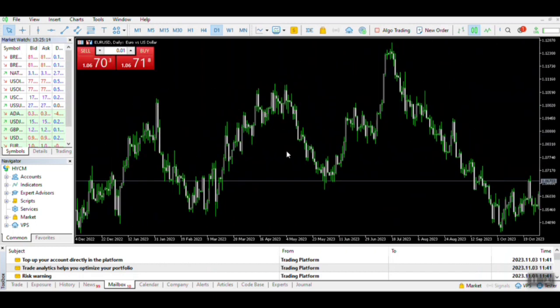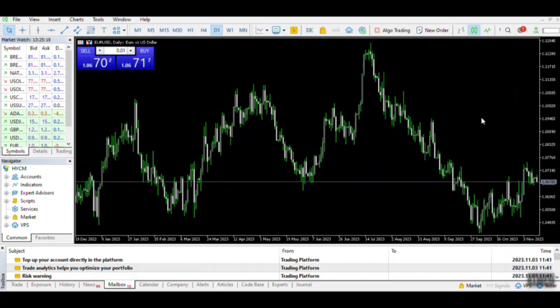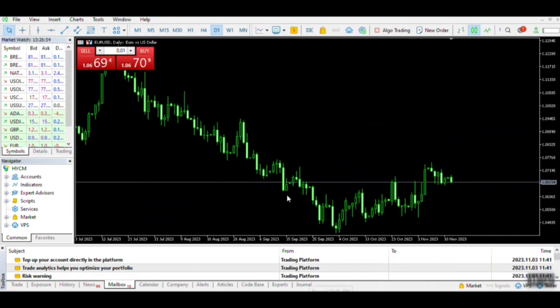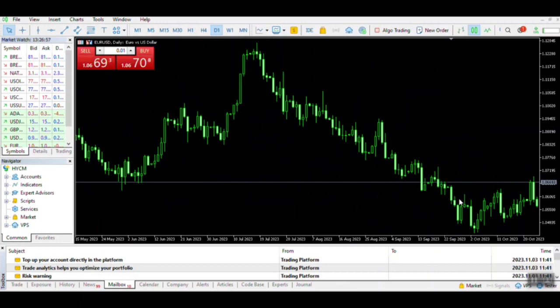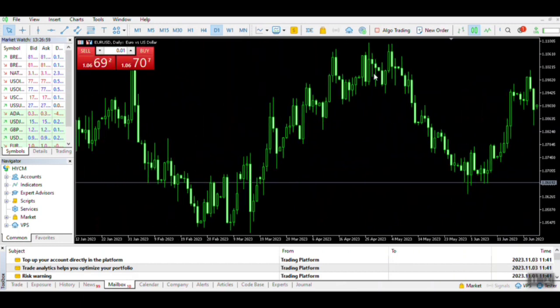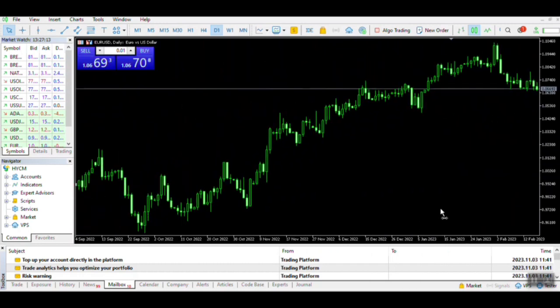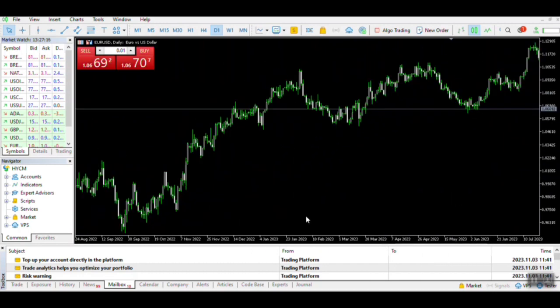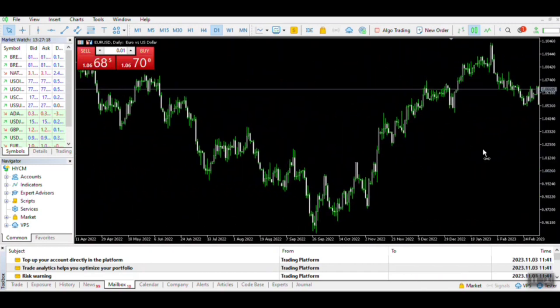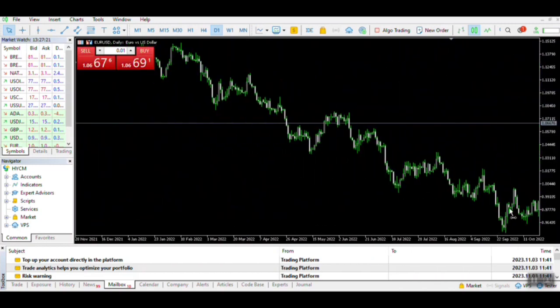So what is a trend? We have two kinds of trends, which are a downward trend and an upward trend. And what is their difference? Right now I'm demonstrating these two trends in a daily chart, Euro USD. Let me zoom out a little bit, and it will be easier for you to identify trends.